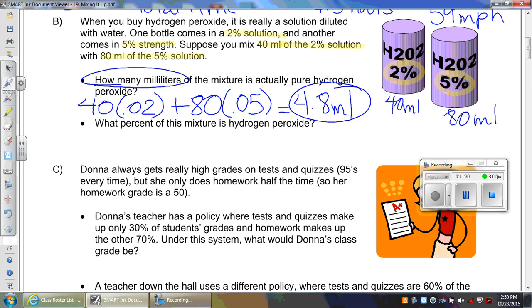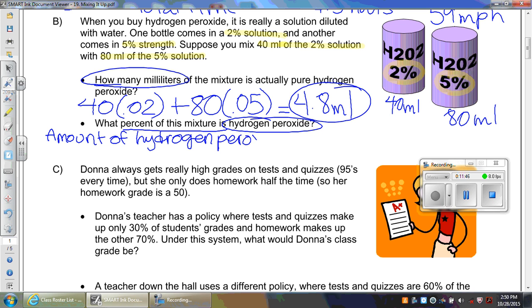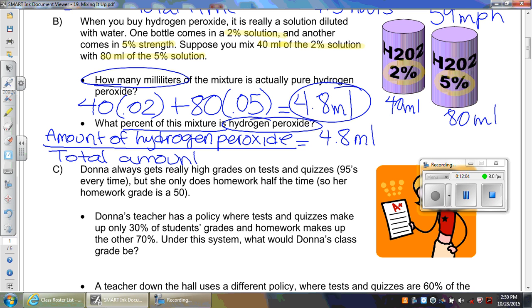So to get the percent that is actually pure hydrogen peroxide, we're going to consider the amount of hydrogen peroxide, 4.8 milliliters, and we're going to divide that by the total amount of liquid, considering the water and the hydrogen peroxide.